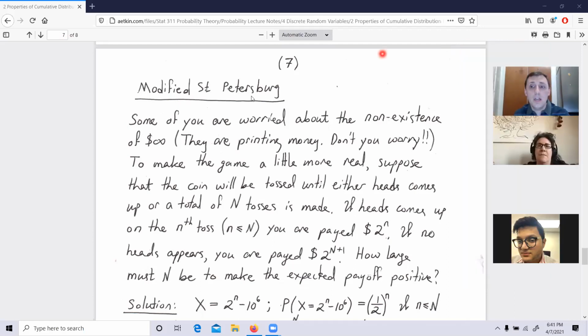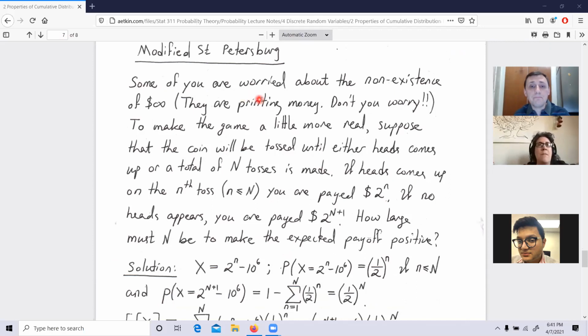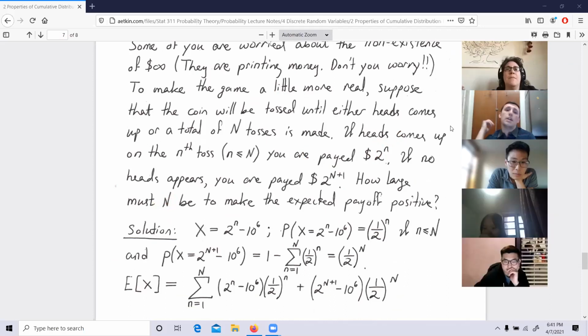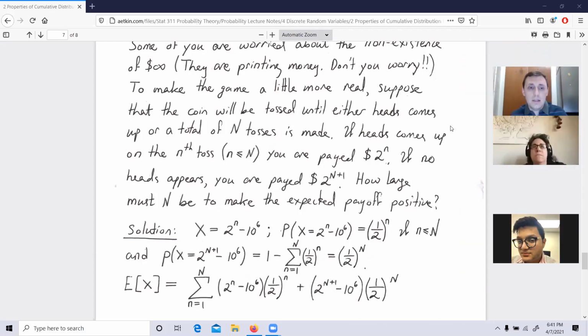So suppose in this situation, the game is as before, but you only have the same rules until you reach the number capital N, which is the cap, right? Let's say if the coin lands on heads more than 100 times, afterwards it's not going to increase. You understand? So up to this N, you have the same earning as before.